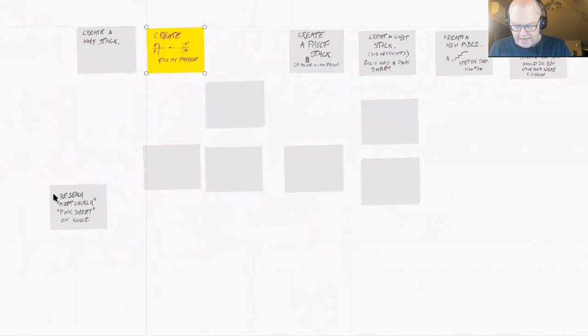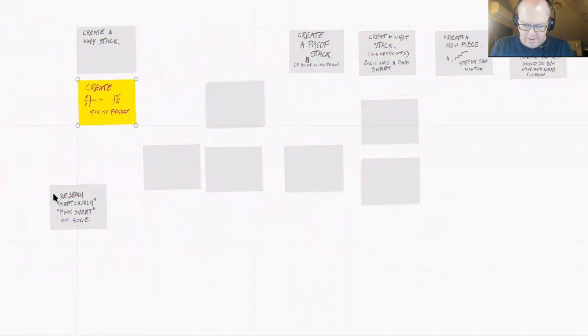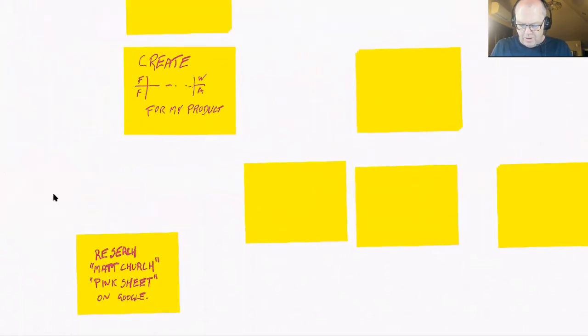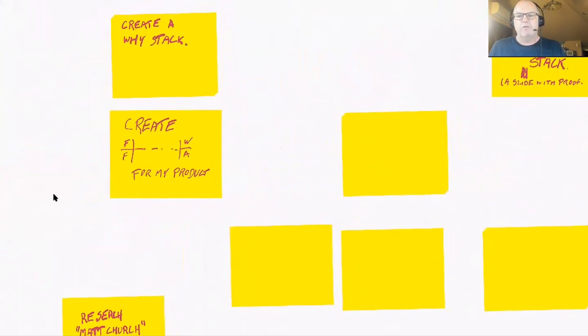Okay, so we've got create a Y stack, and a Y stack is a thing. Let's tap that. So we're out of there. Let's zoom in here on creating a Y stack, which, as we learned in the book, is understanding the fears, frustrations. So if we broke down the ticket, what do we need for a Y stack?